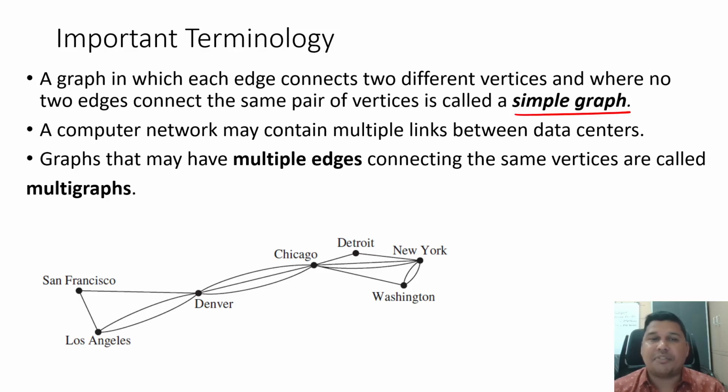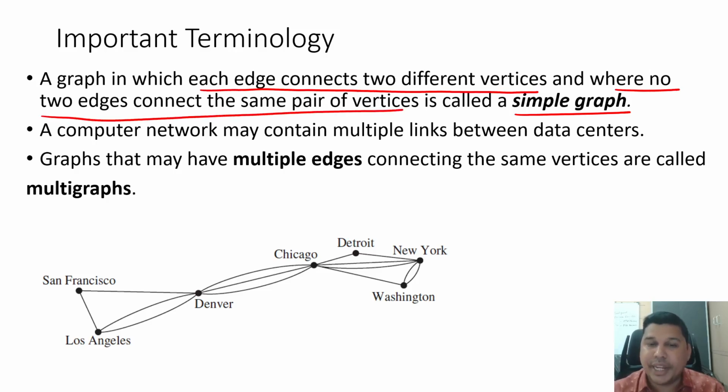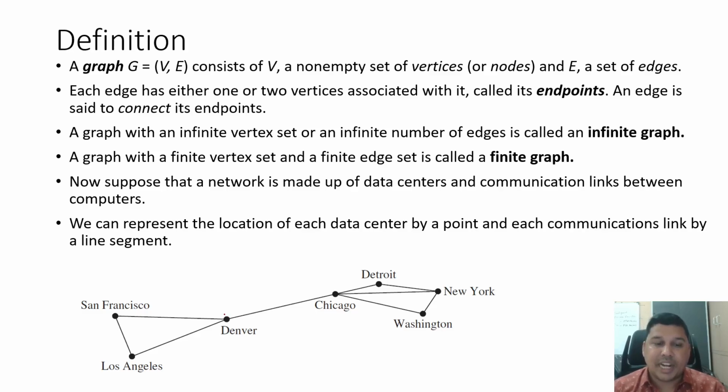Next one is the simple graph. What is a simple graph? A graph which does not have multiple edges. A graph in which each edge connects two different vertices, where no two edges connect the same pair of vertices. If you see here, from Denver to Chicago, I have only one edge, E1, that's it.